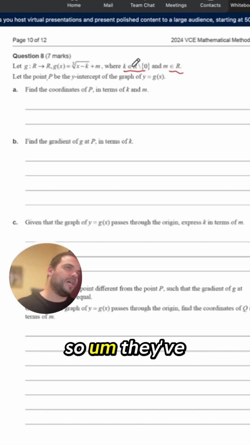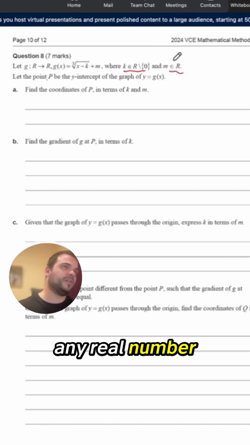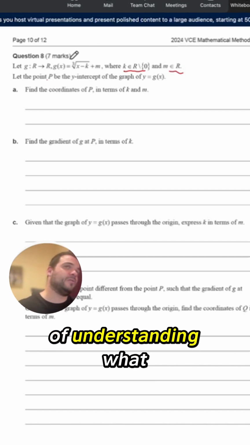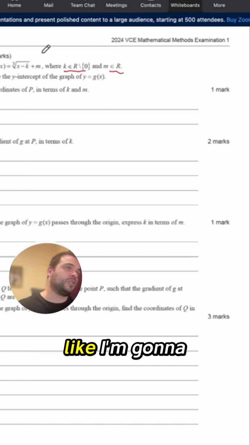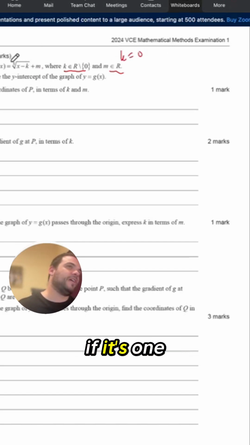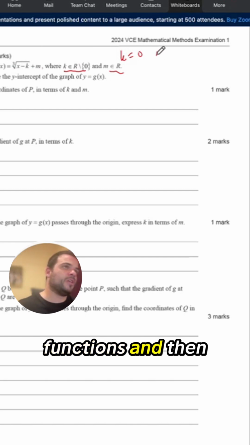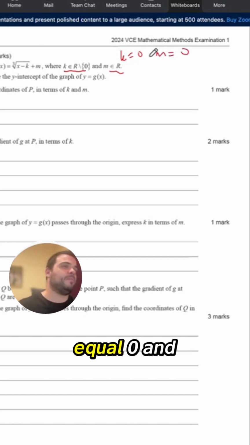So they've told us that k is any non-zero real number and m can be any real number. For the purposes of understanding what g might look like, I'm going to let k equal 0 as well, even though k can't be 0 if it's one of these g functions. And then I'll let m equal 0.